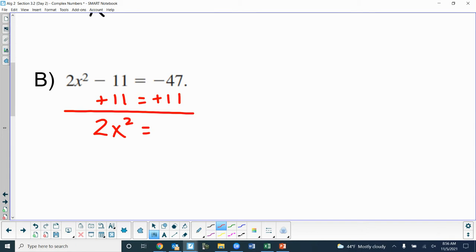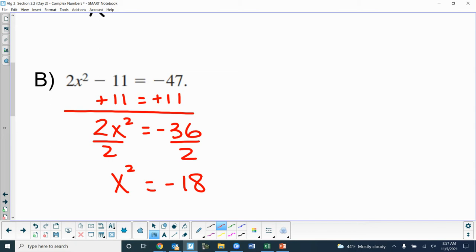But we want to get the squared part alone. What's that? -36. Is the squared part isolated alone? No. Now what, Noah? Yeah, divide by 2. Wait till you get it x squared first, or something squared, nothing else with it. Everything else on the right side.